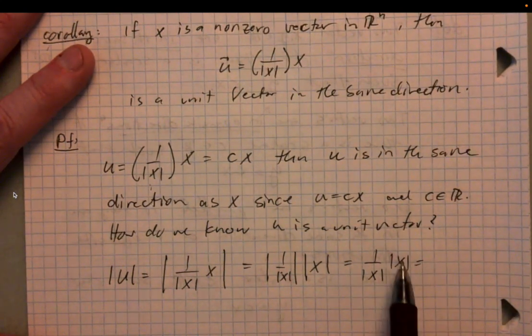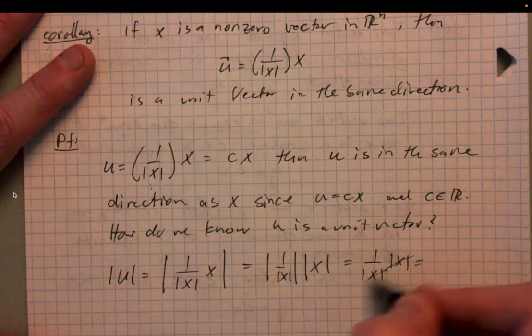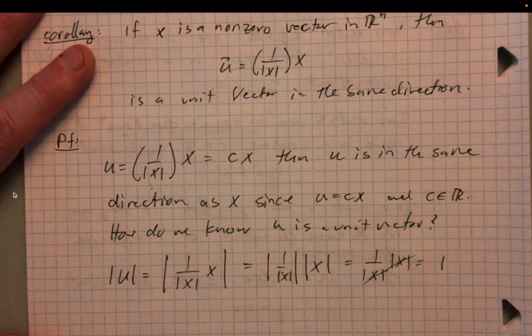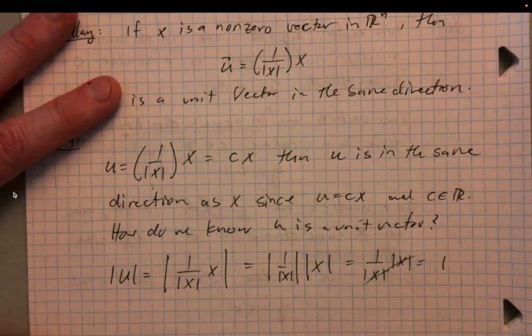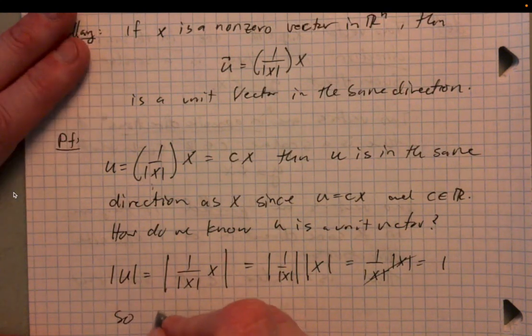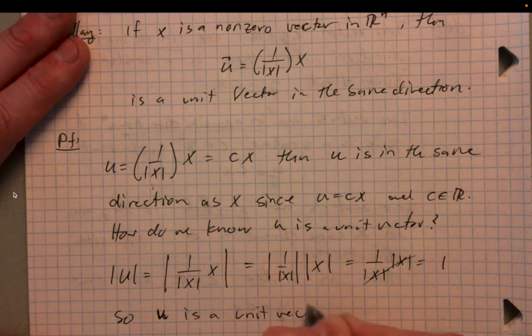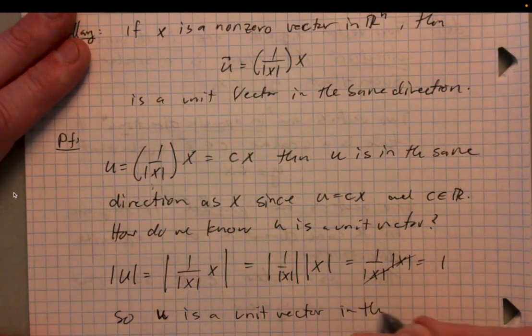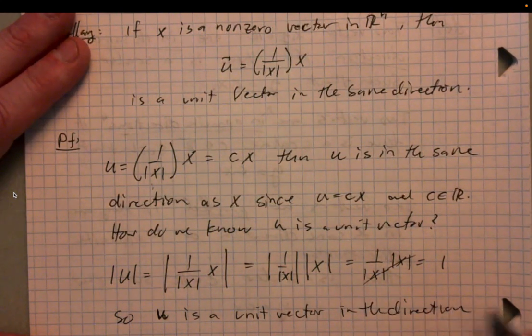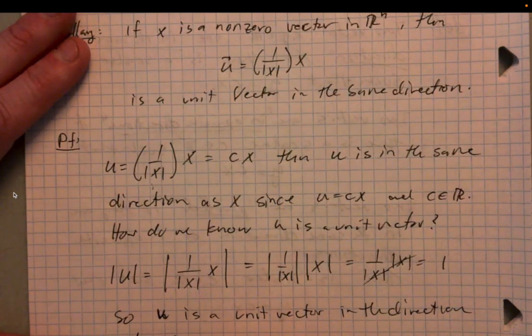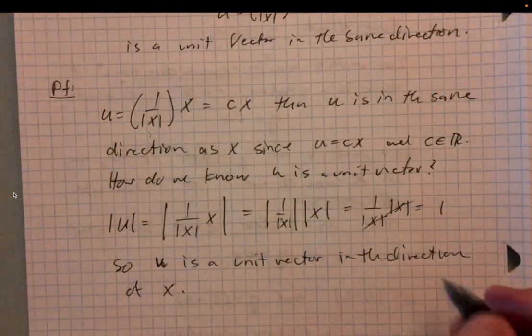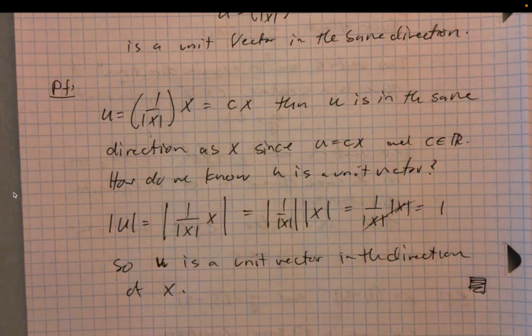You get this nice cancellation, and you are just left with 1. And so u is a unit vector in the direction of x as intended. That's what we wanted to see.